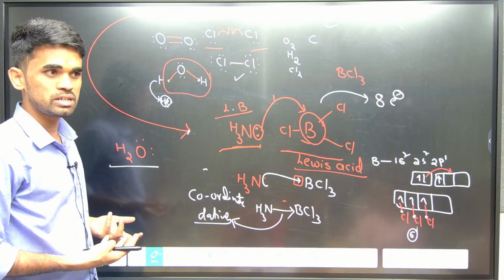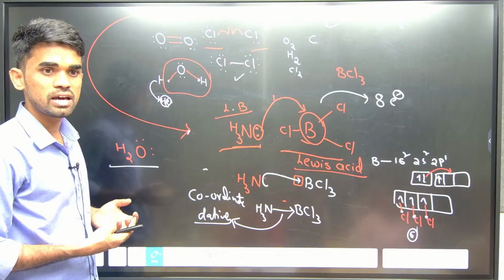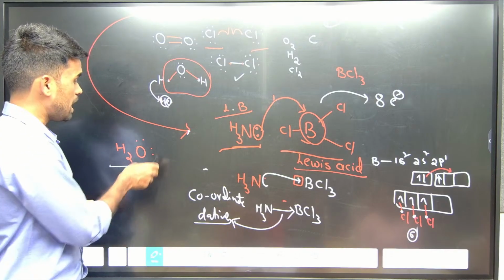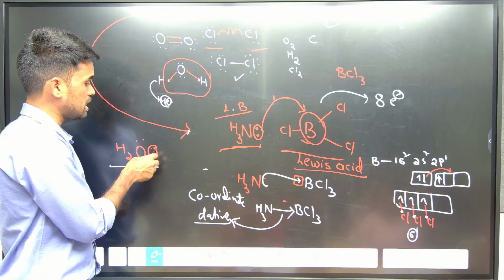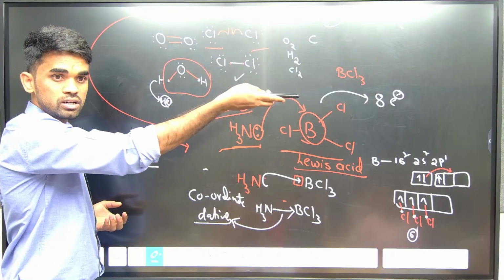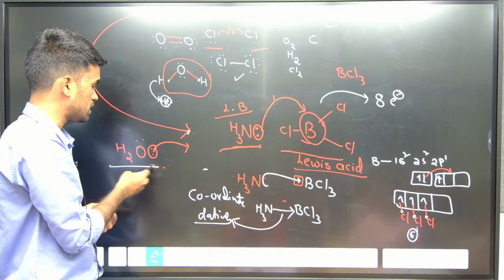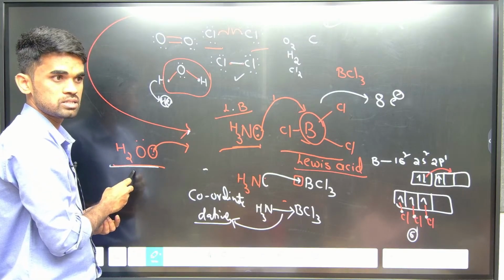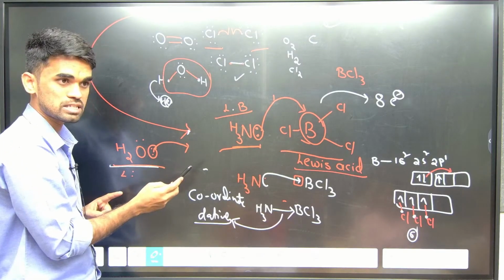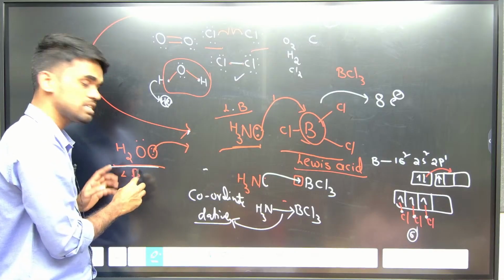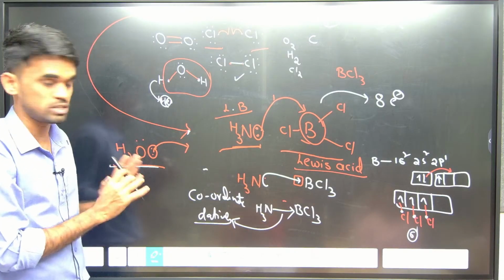There is no possibility for accepting. So it cannot be a Lewis acid. But it has lone pair electrons. This can be given to other electron deficient species. So I can say it is a Lewis base. So water can be a Lewis base. Okay, about acid base theories I will explain in the equilibrium chapter. But is this clear? Lewis base means the basic one. Next.